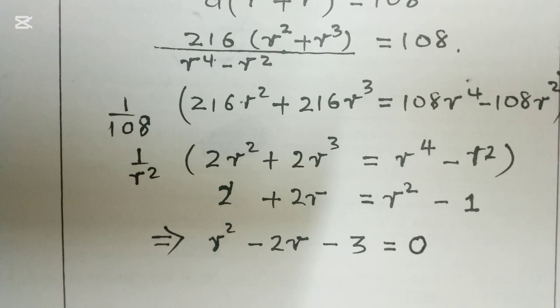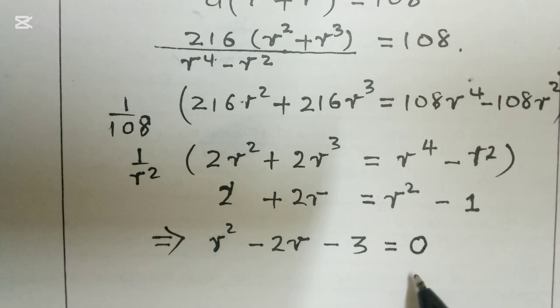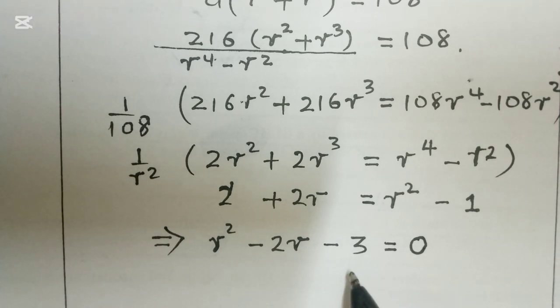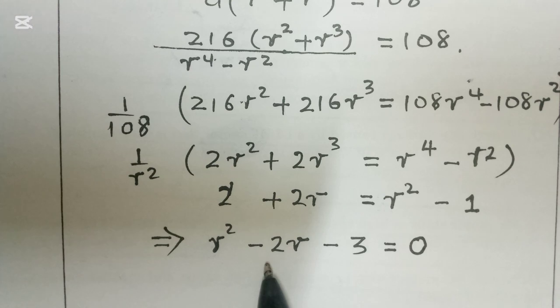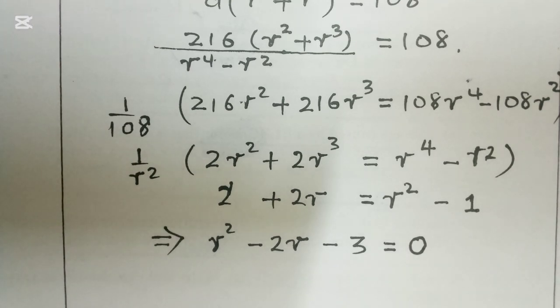So what we can do, guys, is check and see if there are two numbers that multiply to give negative 3 and add to give negative 2. And that is negative 3 plus 1.